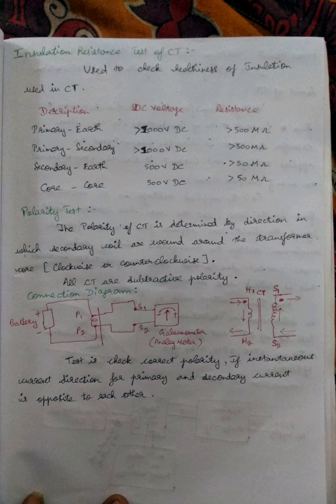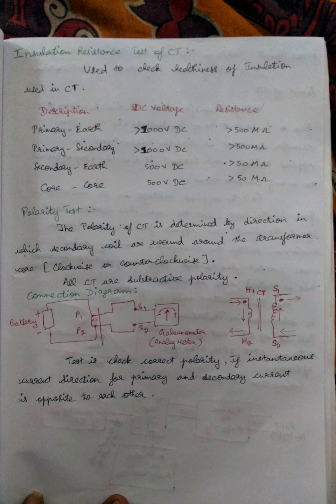Now, primary to earth: primary is the injecting point and earth is the reference point. The DC injecting voltage will have some minimum quantity, according to your CT ratio or CT level.